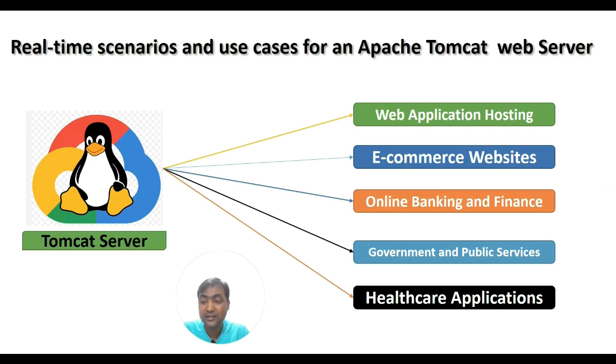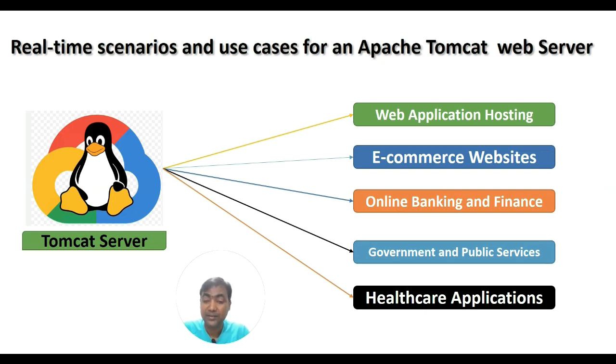Tomcat is primarily designed for hosting Java web applications, including those built with Java Servlet, JSP, and Java-based frameworks like Spring and Struts. E-commerce platforms and online shopping websites often use Tomcat to handle user authentication, product catalogs, shopping carts, and checkout processes.